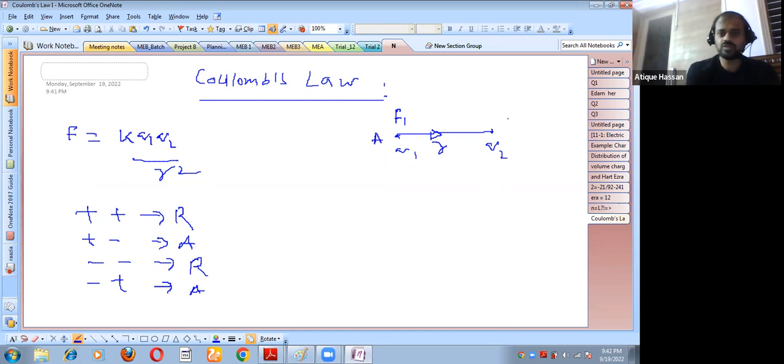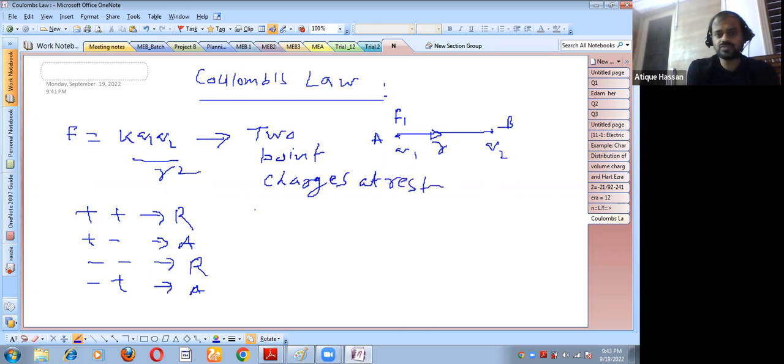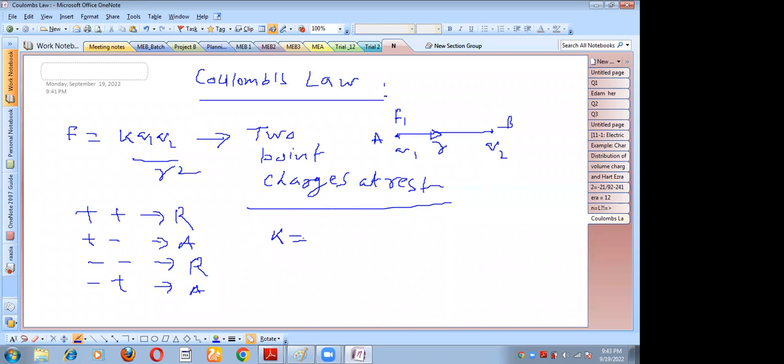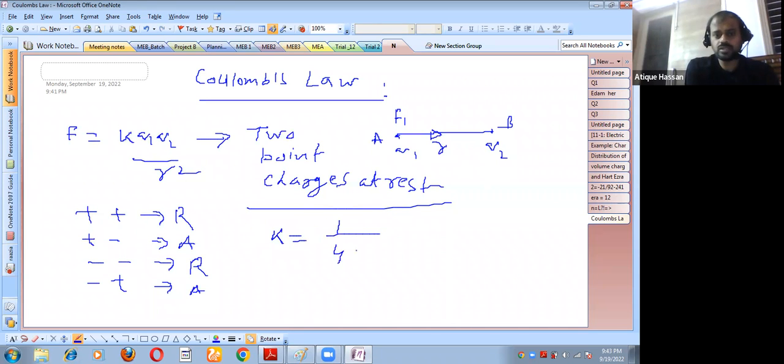It is always along the line joining the two charges, and it is basically valid for 2-point charges at rest. We apply this formula, and we know that what is k here? 1 by 4 pi epsilon naught.